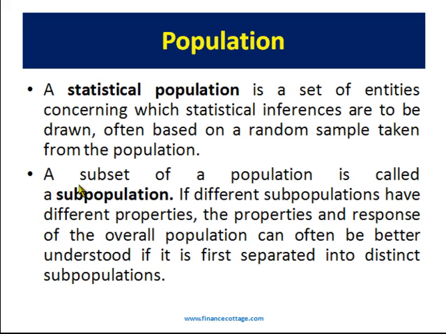There might be some subsets of the population known as subpopulations, and if different subpopulations have different properties, the properties and response of the overall population can often be better understood if it is first separated into distinct subpopulations. So population represents the whole set of observations which are available and about which statistical inferences are to be drawn. Now, statistical inference of the population is drawn based on the sample.